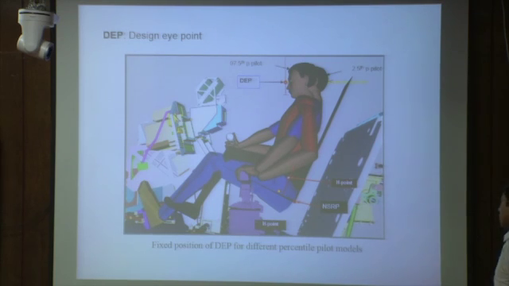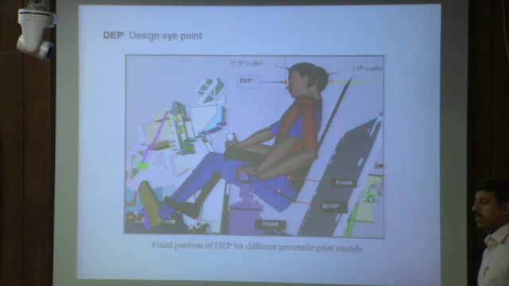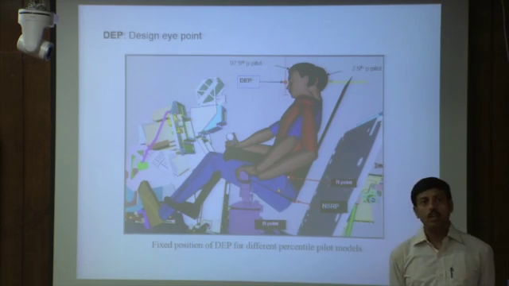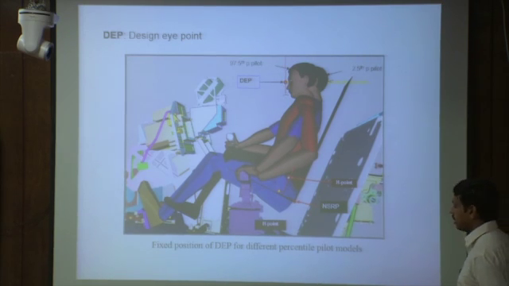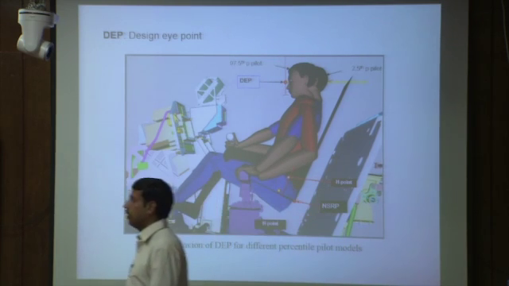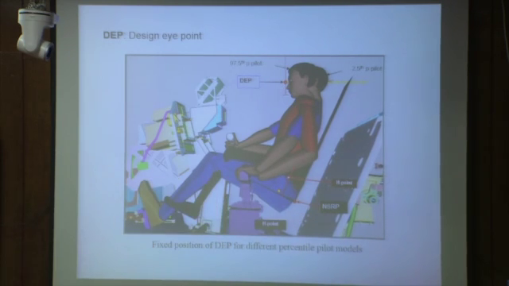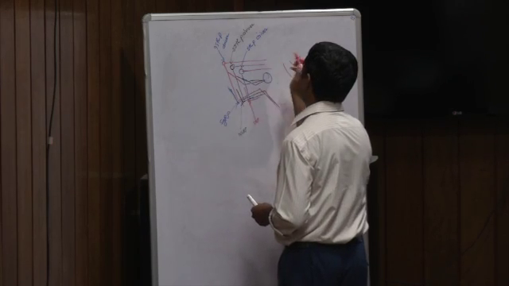Now we are moving to the next important reference point, known as the design eye point. This design eye point is used in the aerospace or aviation industry. If we look at automotive driving, the location of the eye position is different, and eye height is different.